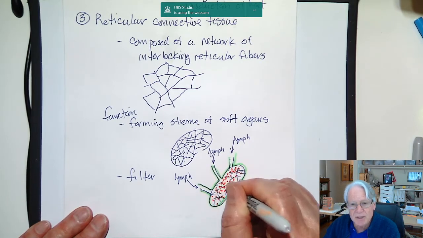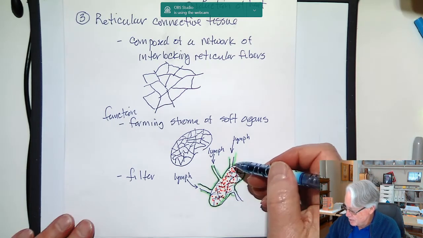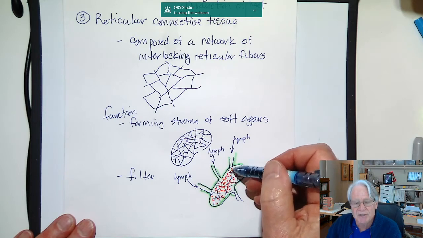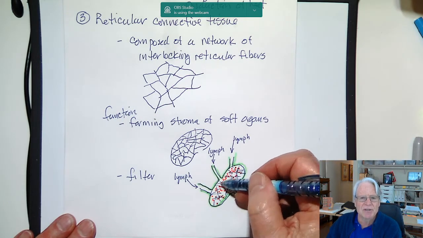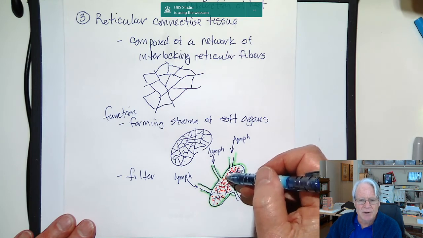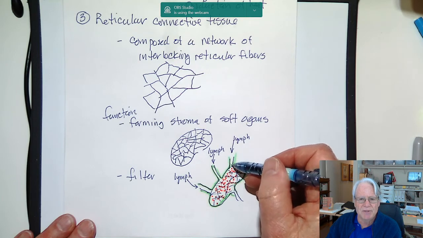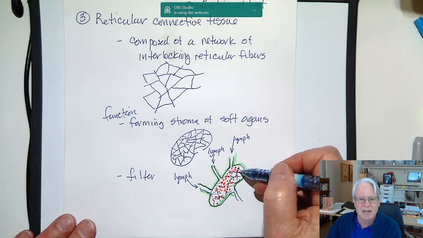the immune system. And the reticular fibers are not just helping to filter the fluid as it passes through, and direct it into compartments. So I haven't drawn this completely accurately. There are subcompartments within the lymph node, but as fluid flows in, it's being directed and slowed down by the reticular fibers.